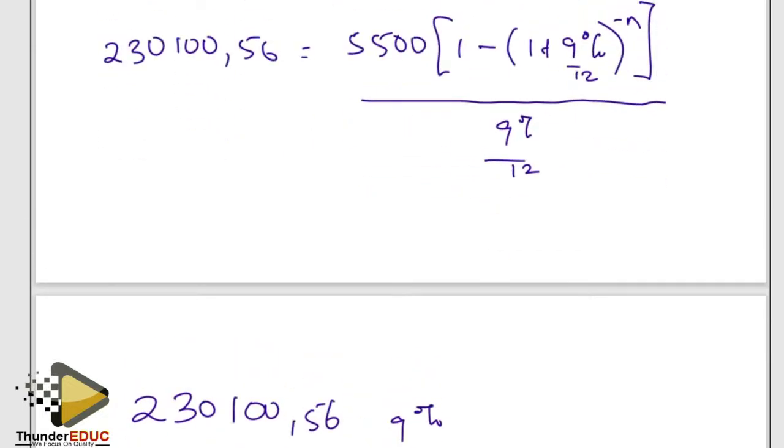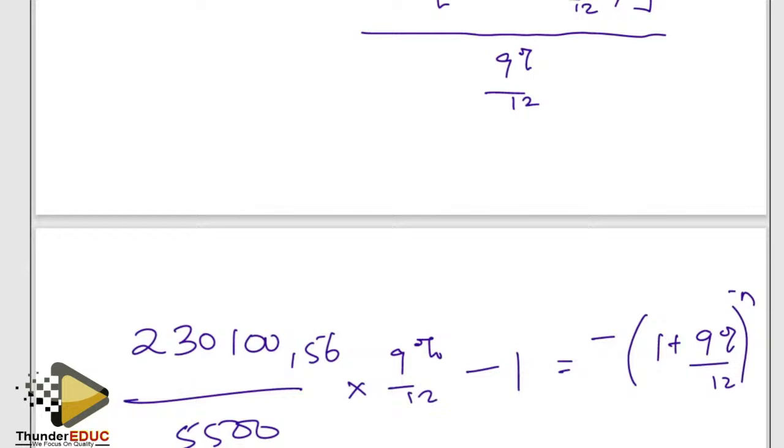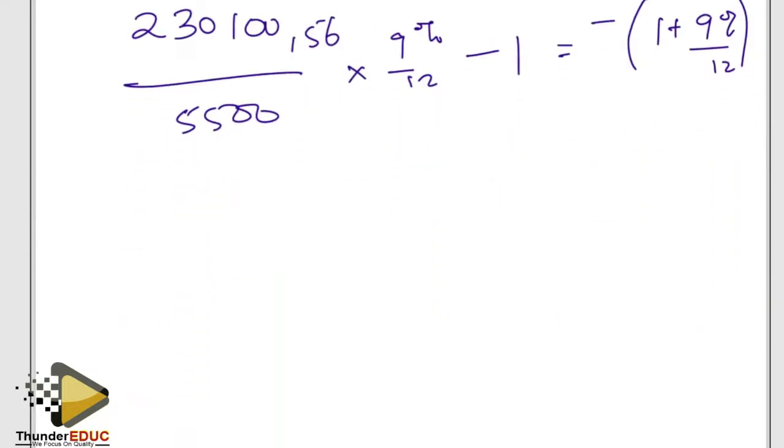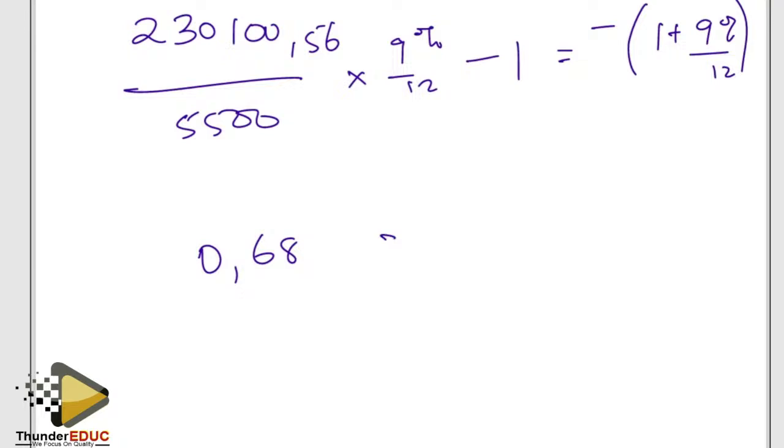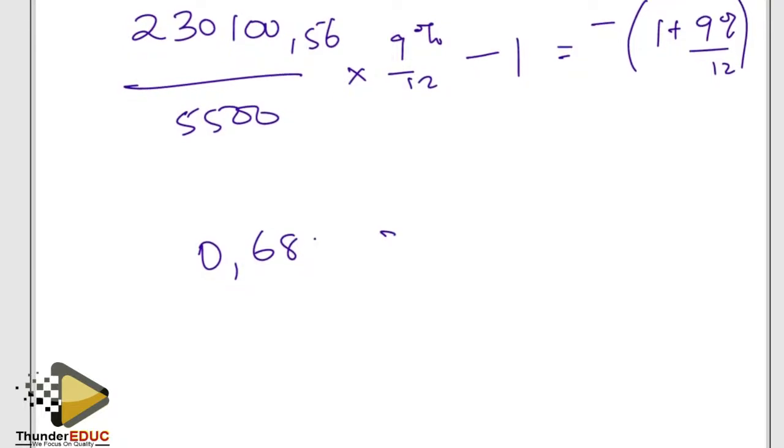Or you want us to subtract 1 straight away. We have negative 1 plus 9% over 12 to the negative n. So when I simplify my left hand side, I'm getting 0.686227.